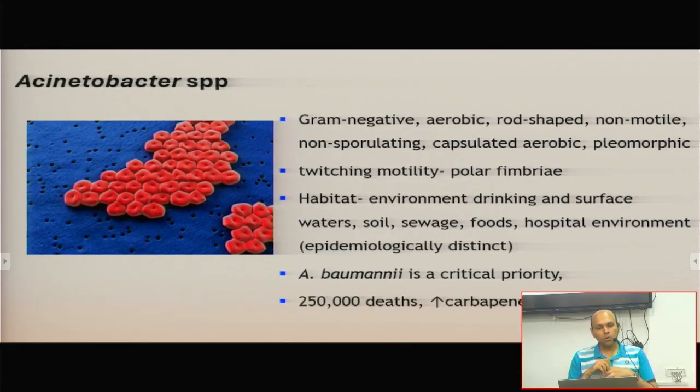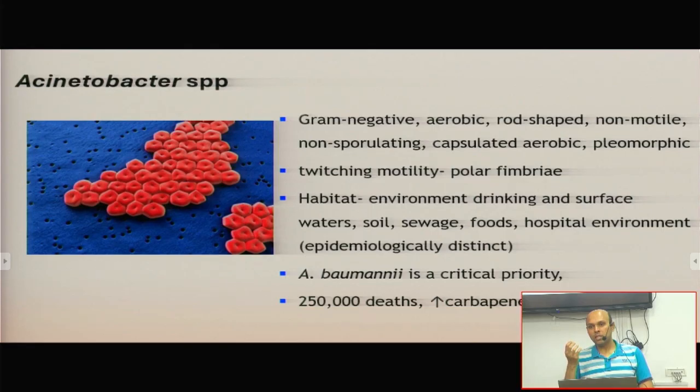Next we talk about Acinetobacter species or A. baumannii. I already highlighted that it is a gram-negative, aerobic, rod-shaped bacterium, non-motile, non-sporulating, capsulated, pleomorphic. Acinetobacter is not motile in the true sense.